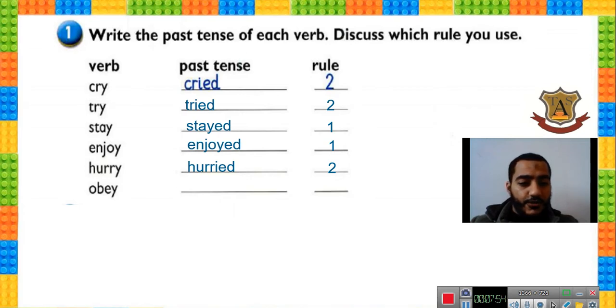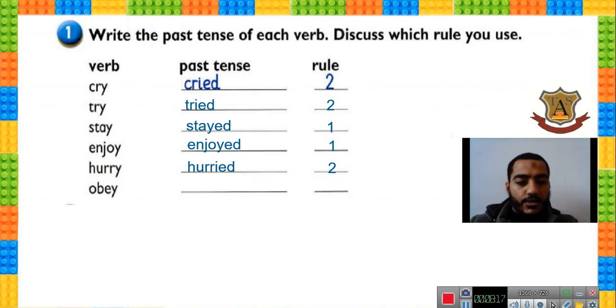Do you remember the meaning of obey? I told you. Okay, it's just a revision. Obey means someone told you something to do and you do this thing. You obey your father, so you are good. You obey your teacher, so you are good.